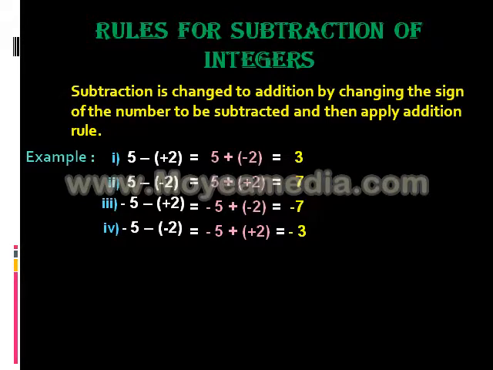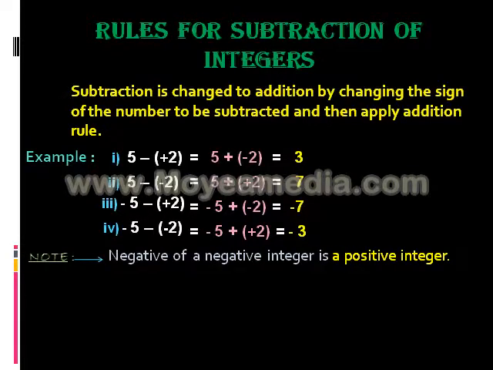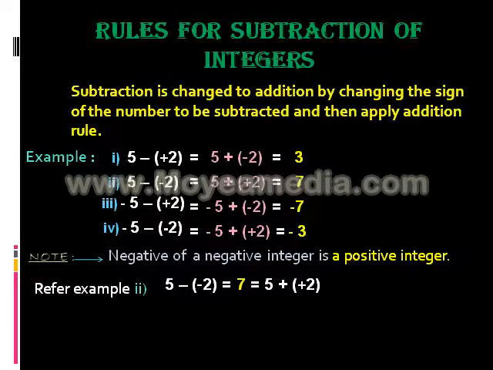Now let us take note finally that negative of negative is a positive integer. We keep wondering, our teachers have told us that negative of negative is always positive, but why? We have already established it here, see how. Refer to example 2, 5 minus minus 2. Here is the negative of negative. You have already worked out 7.